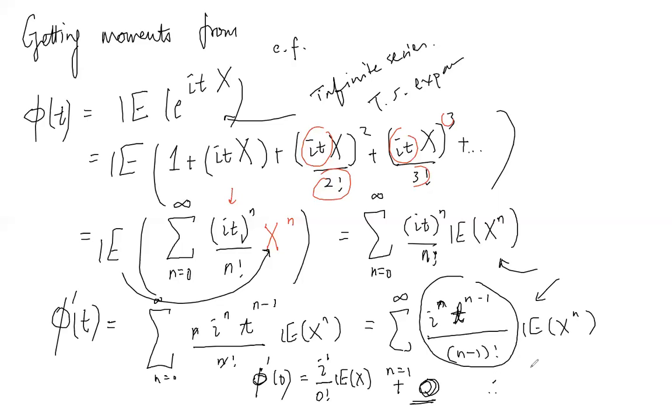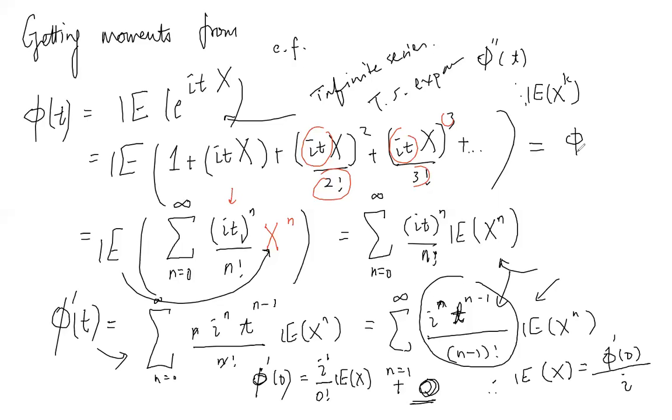So therefore, your expectation of x is given by the first derivative of your characteristic function divided by i. Okay. And from here, you can continue to do the second order derivative. So you differentiate this one more time and so on. You will find that the expectation of x to the k, if you differentiate k times, is basically just you differentiate your characteristic function k times, set t to 0, and then divide by i to the power of k.